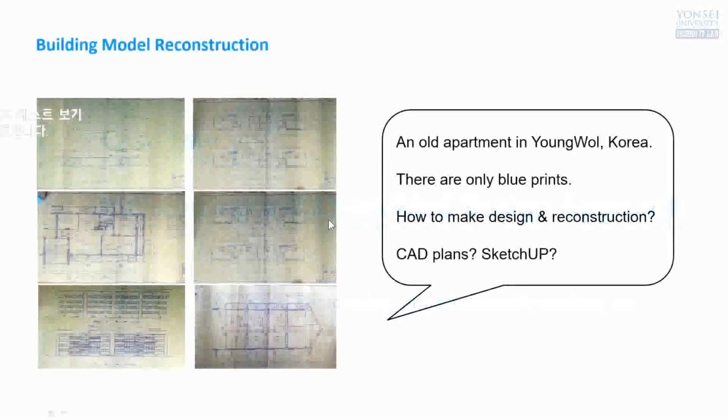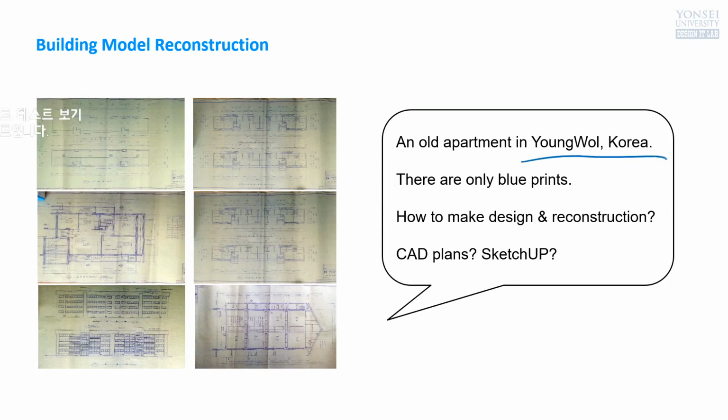Okay, quickly review and let me prove this one. How many applications are there? I showed you in the flipped learning video. This is an actual project done at Yonsei. If you stop by the Yonsei actual site, you can see this project.